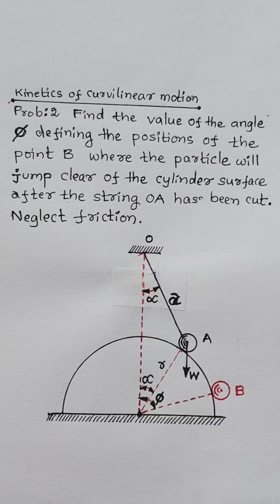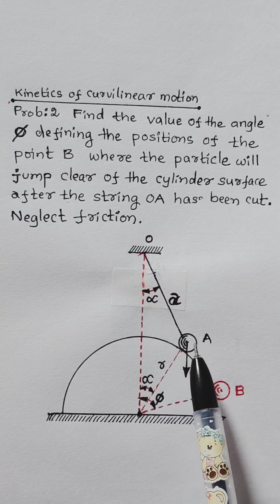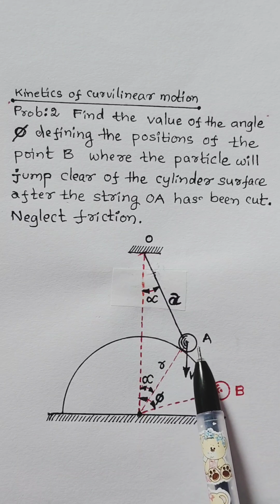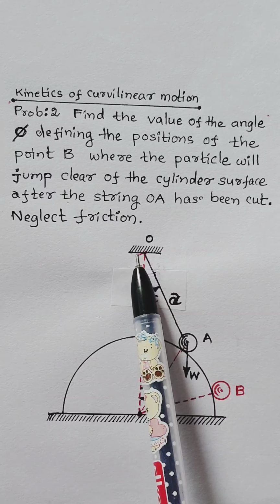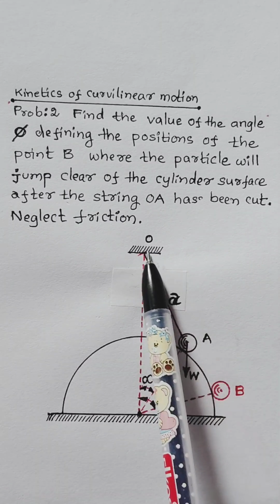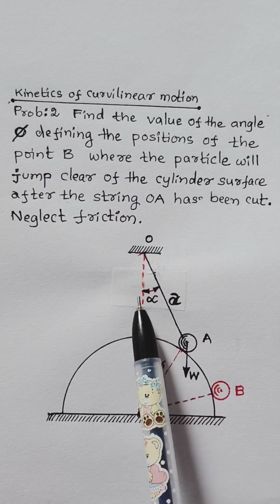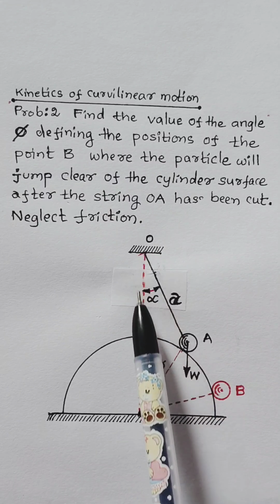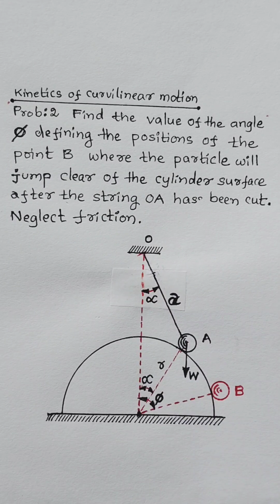on the horizontal ground, and the particle of weight W is suspended by means of a string OA of length L. OA is making an alpha angle with a vertical line coming from O. The radius of the cylinder surface is considered as R, from here to here.